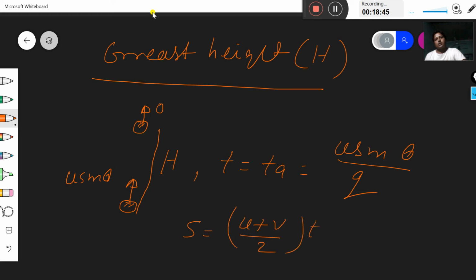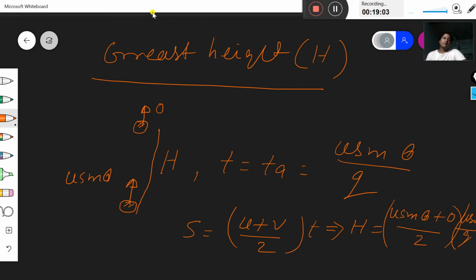We can apply it here. S is h, u is u sin theta, v is 0, over 2, and time is u sin theta over g.